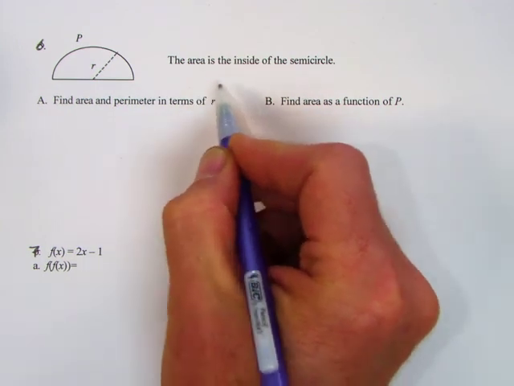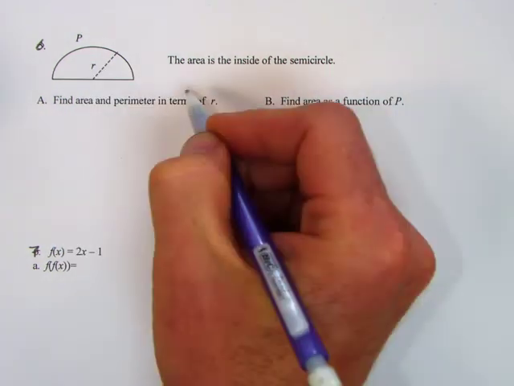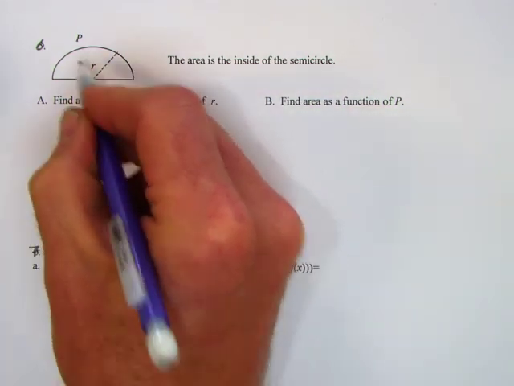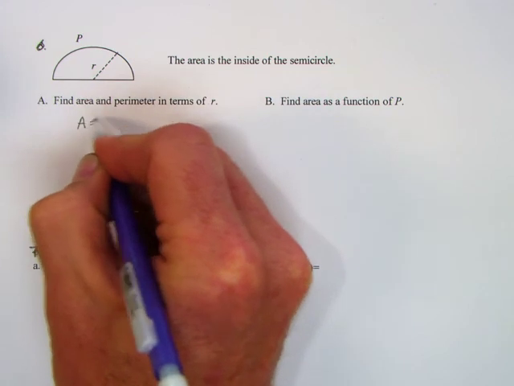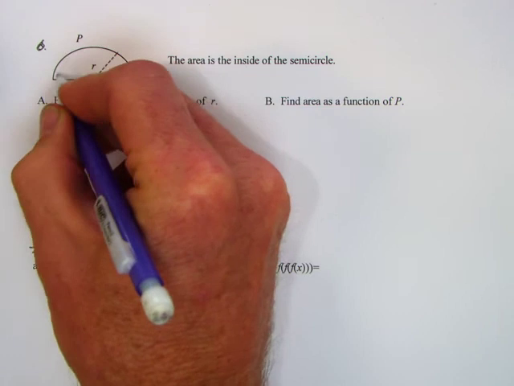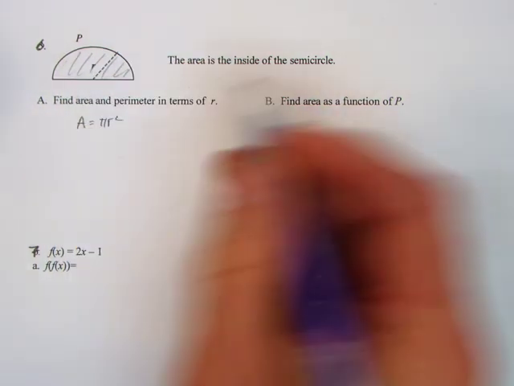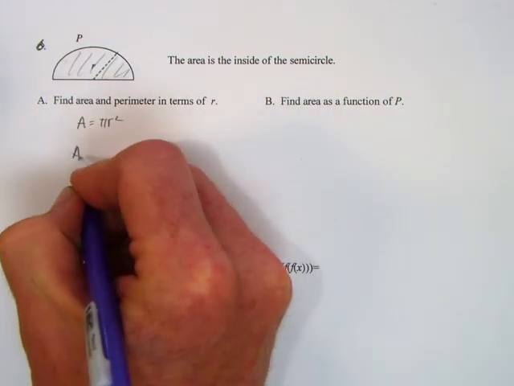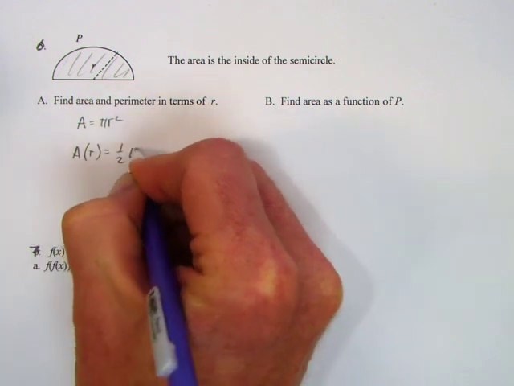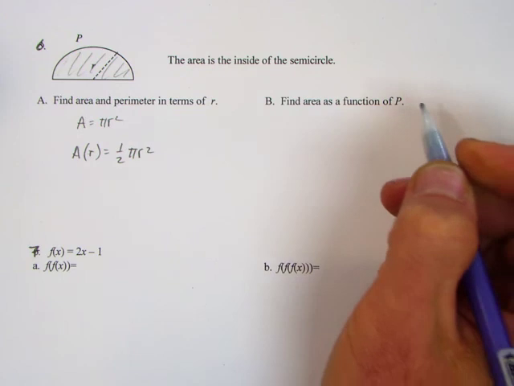So here, what we're going to do is, the area is a circle. The area of a circle is pi r squared, but we have a semicircle here for this area. So we are going to say area of the semicircle equals 1/2 of pi r squared.